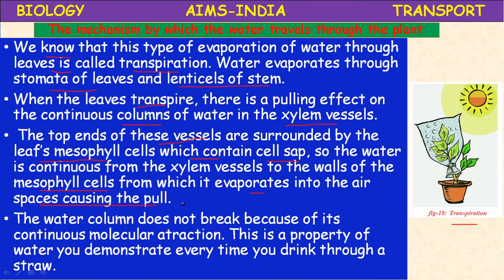A physical force is developed: transpiration pull. Then the water column does not break because of its continuous molecular attraction, the attraction between the water molecules. This is a property of water.